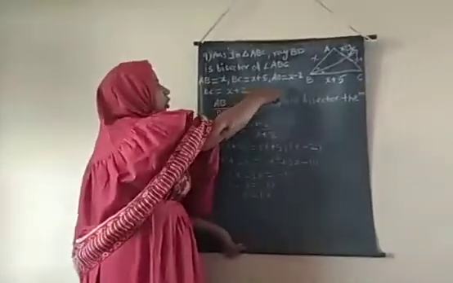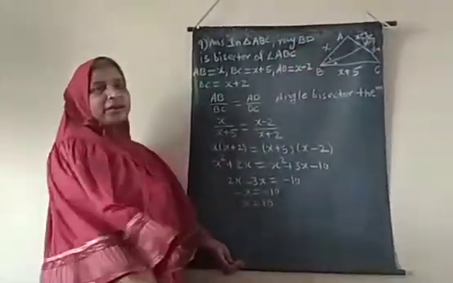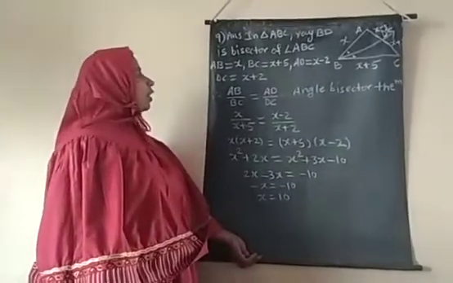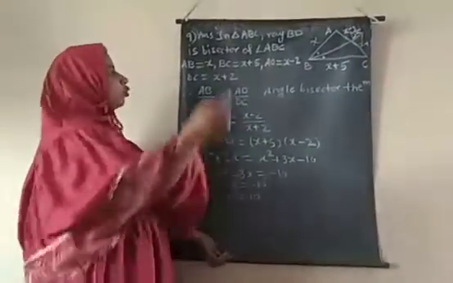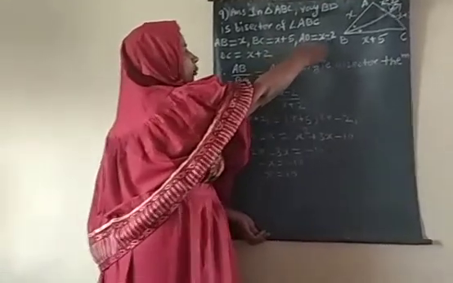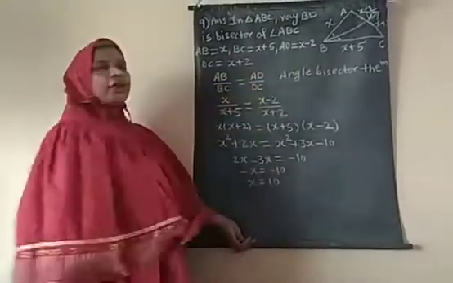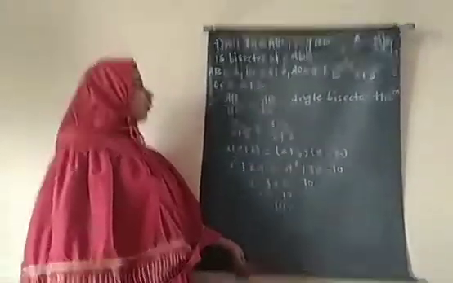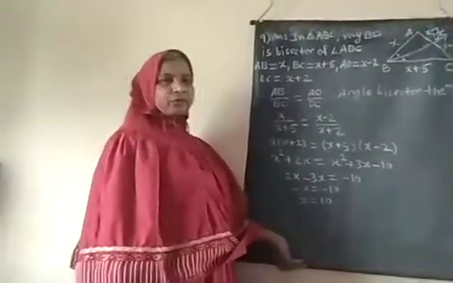The side values of the triangles are given in the form of variable x. AB is x unit, BC is x plus 5, AD is x minus 2, and DC is given as x plus 2 units. We are going to find the value of x.